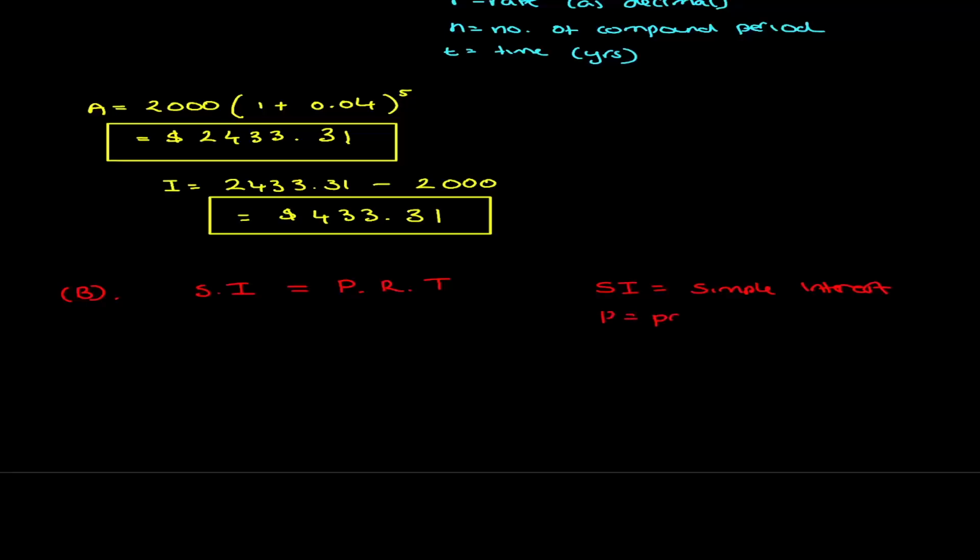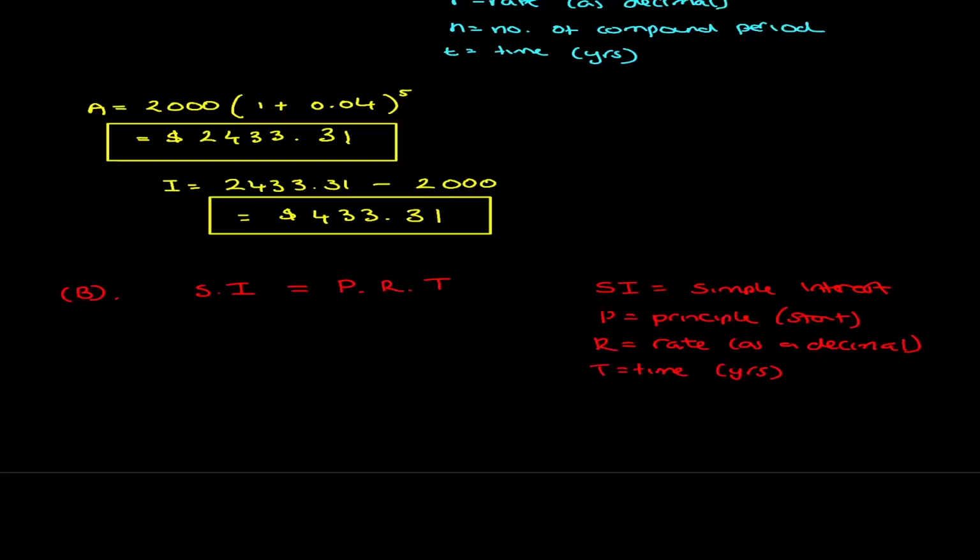P again is your principal, what you start off with. R is your rate as a decimal. If you don't put it as a decimal, you may see in the formula in your books this is divided by 100, but I like to do that in my head and plug it in as a decimal straight away. That way your formula is more simple. And T is just your time in years again.